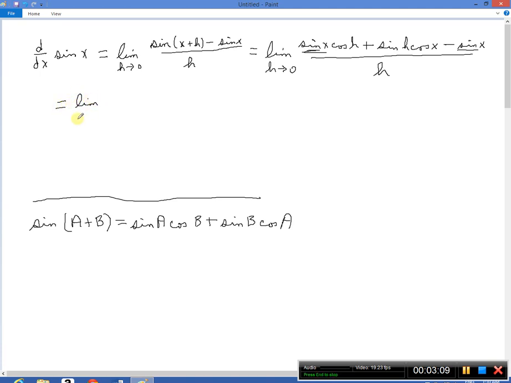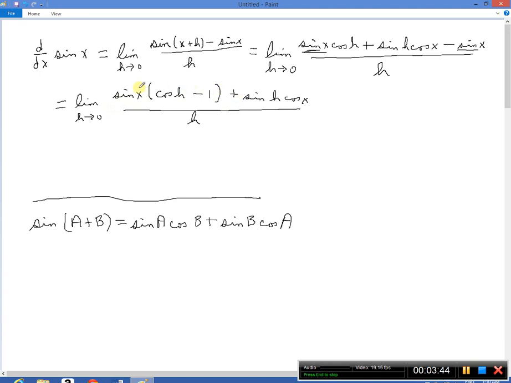This is the limit as h goes to 0 of, take that sine of x out of the first term, leaving you with cosine of h, and take it out of the last term, leaving you with minus 1. And I haven't forgotten about the middle term. That's still there. That's the sine of h times the cosine of x. All that is still divided by h.